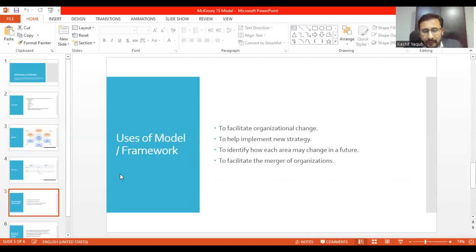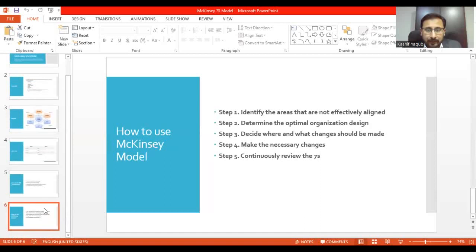Now, the uses of this model or framework: where we use it, what the purpose of it is, why we do it. This model can be applied to many situations and is a valuable tool when organizational design is in question. The most common uses of the framework are to facilitate organizational change, to help implement new strategy, to identify new areas which may change in future, and to facilitate the merger of organizations.